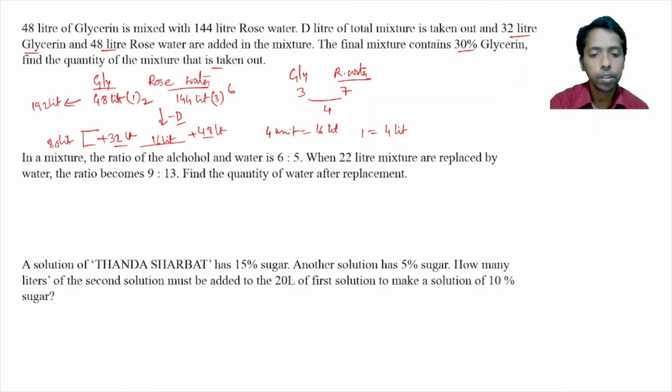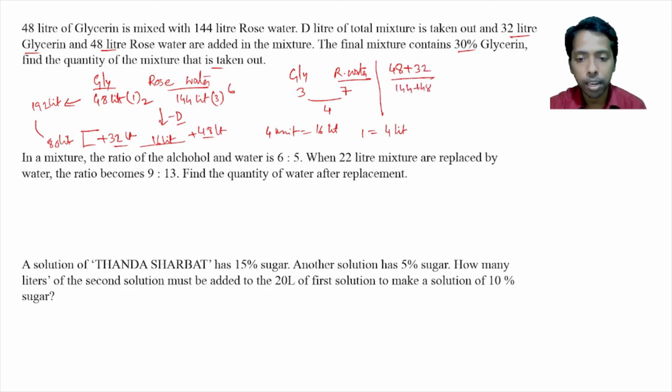Okay. Now, here you can find out the answer, right? Now, whatever I was telling earlier: we take 48 minus something, remove something, or add something. 32 liters is getting added and 48 is getting added to 144.